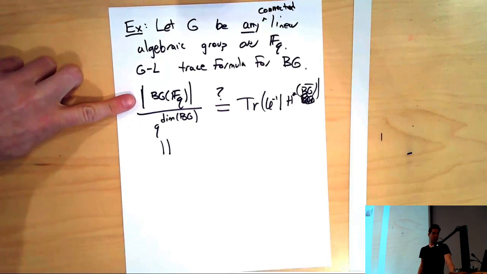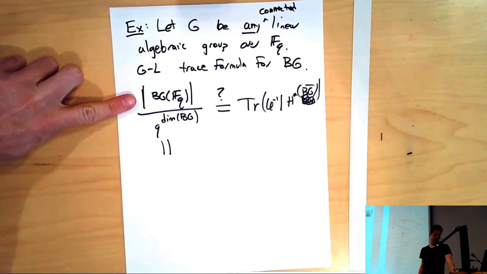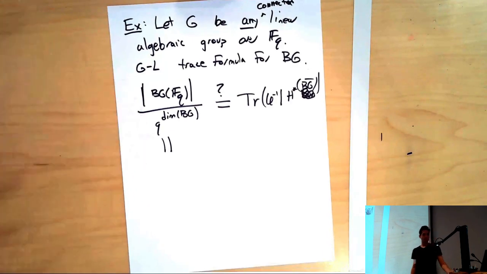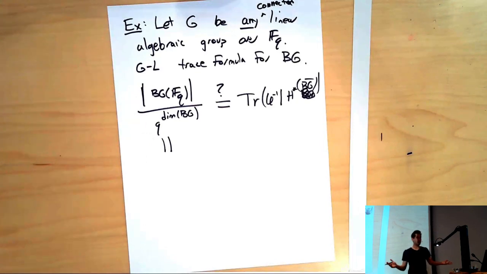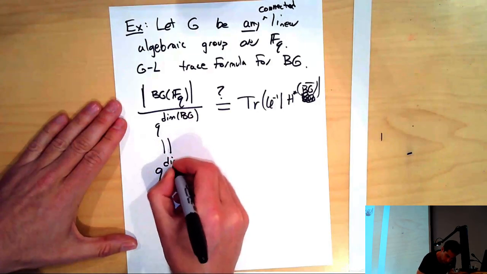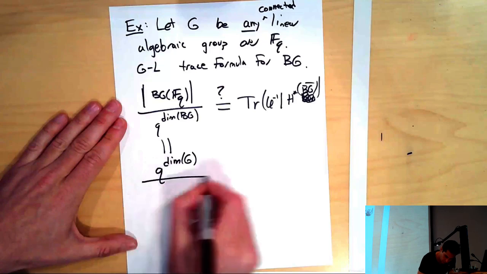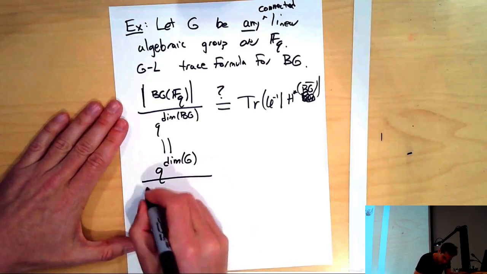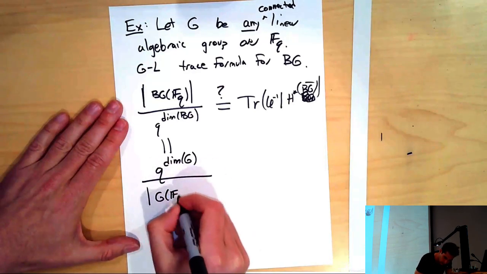So the numerator here is 1 over the size of G of Fq, and the denominator is, again, your naive estimate for that. It's 1 over q to the dimension of G. So we could rewrite this as earlier, moving that expression up to the numerator and the size of this finite group down to the denominator.